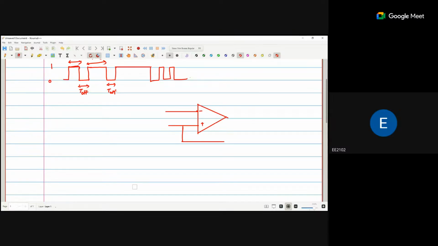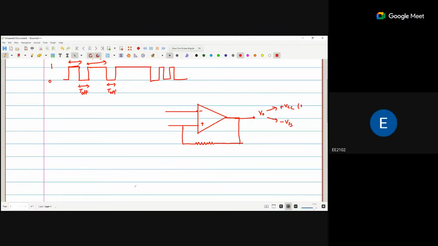We already discussed that in week 4. If the operational amplifier operates in positive feedback, the output Vout is either plus VCC or minus VSS.